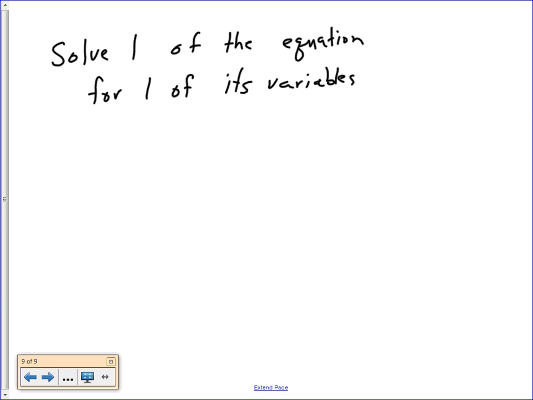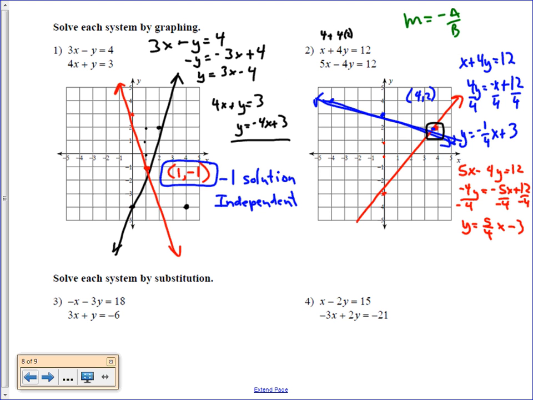You said the first. Malik says the second. Which one's right? Both of them. Solve either equation. Guys, it just says solve one of the equations for one of the variables. So either I take this first equation or I take this second equation and I solve it for the variable that presents the least amount of work for me. Guys, there's nothing wrong with that.